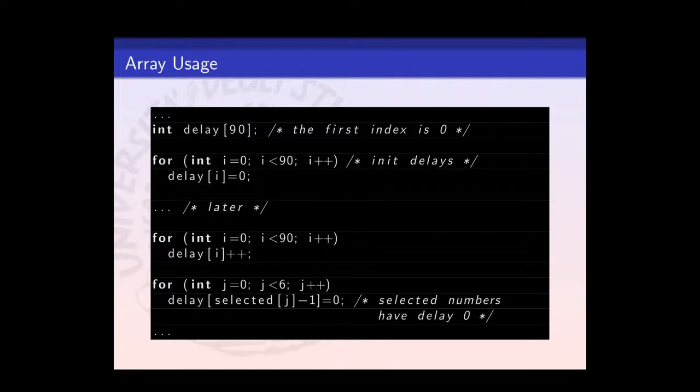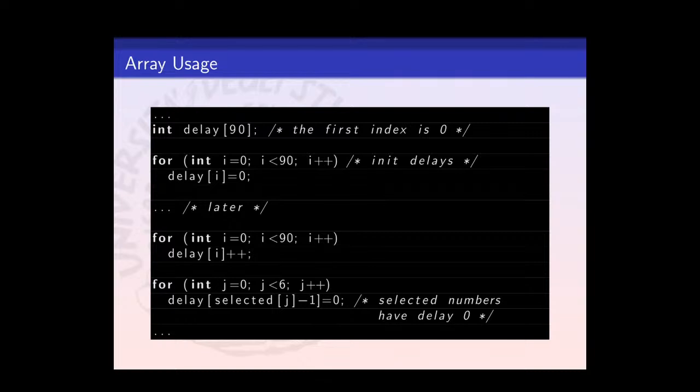Okay? So we highly reduce the complexity of the code, and at the same time we in some sense generalize it. So right now we are able to handle the Super Enalotto game even if, for some reason, whoever is organizing the Super Enalotto game decided to extract, I don't know, 200 numbers instead of 90.